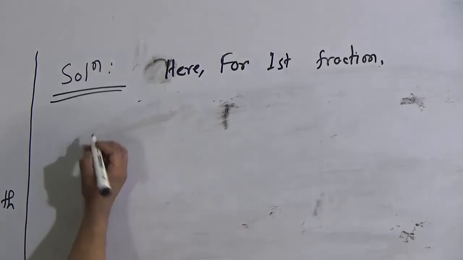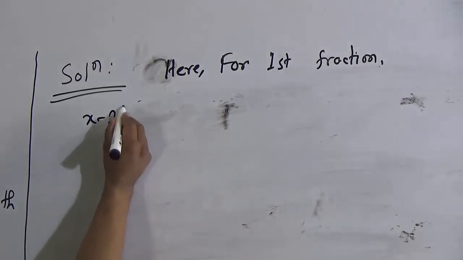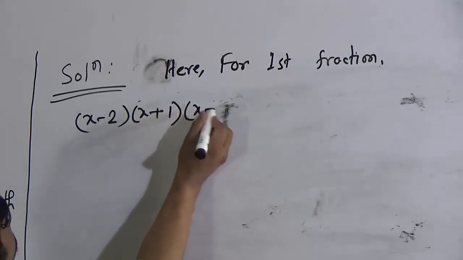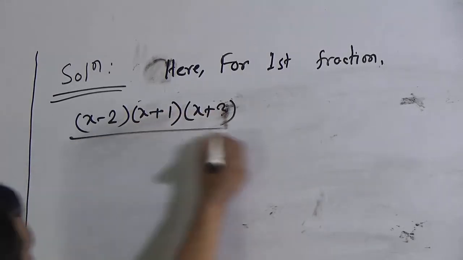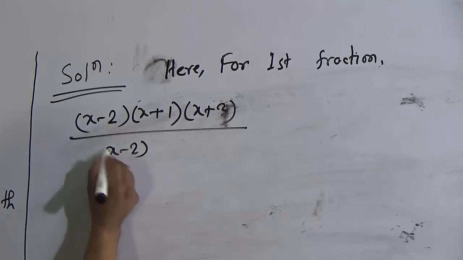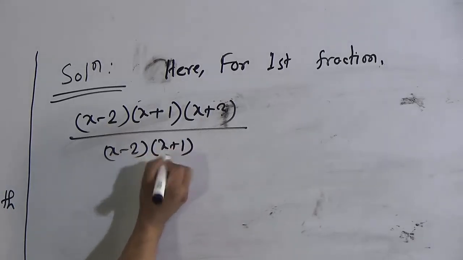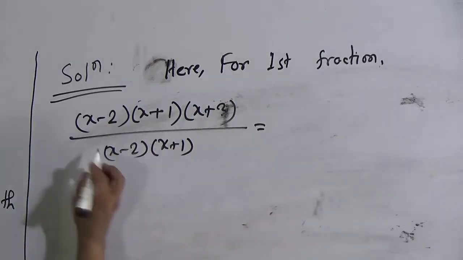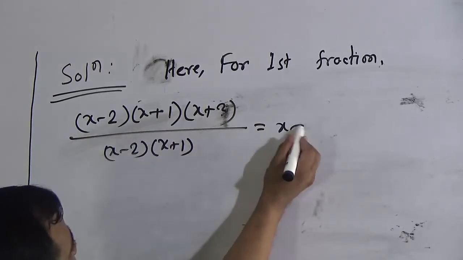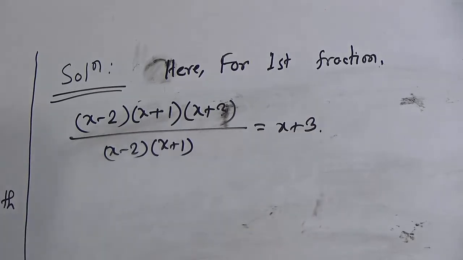For the first fraction, x minus 2 into x plus 1 into x plus 3, this LCM, we need to divide by the first fraction's denominator, x minus 2 into x plus 1. So what will our result be? This x minus 2 and x plus 1 will be omitted. Our result will be x plus 3. This result needs to be multiplied with the numerator and the denominator.